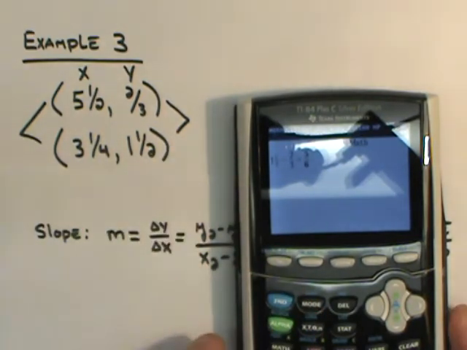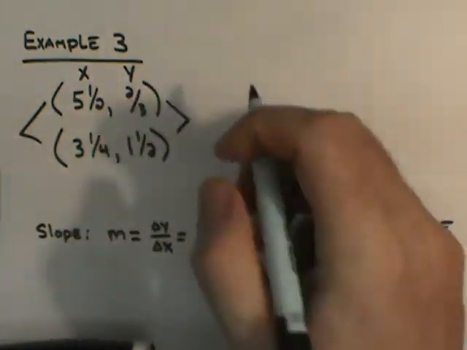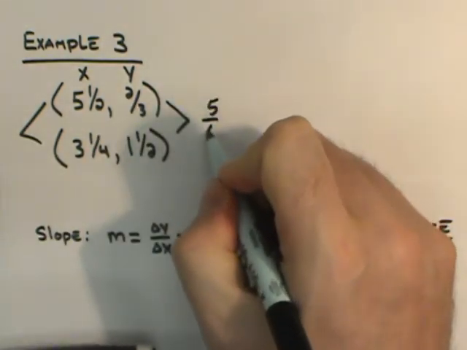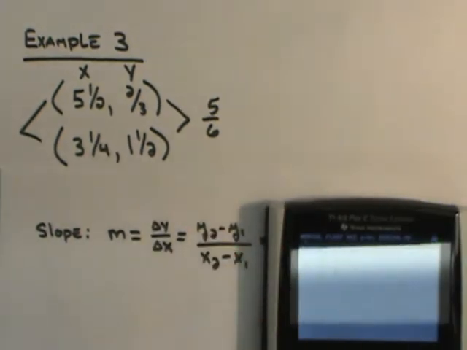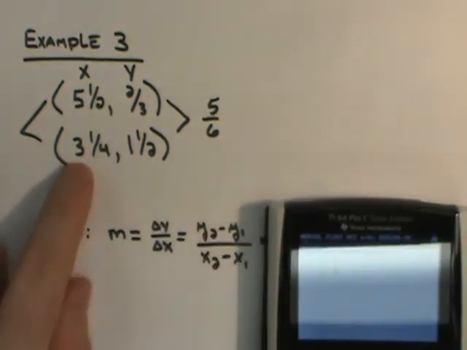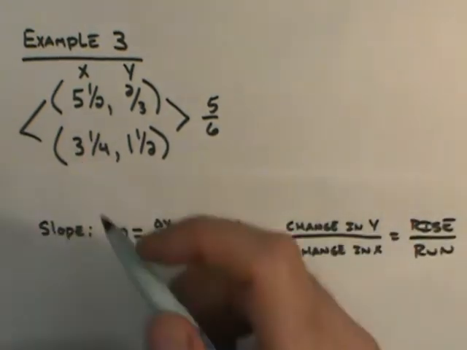Now that gives me 5/6, and so I'll write 5/6 here for my delta y. In a similar way, when I look at the x values, I need to type in 3 and 1/4 minus 5 and 1/2. Now that gives me negative 9/4.